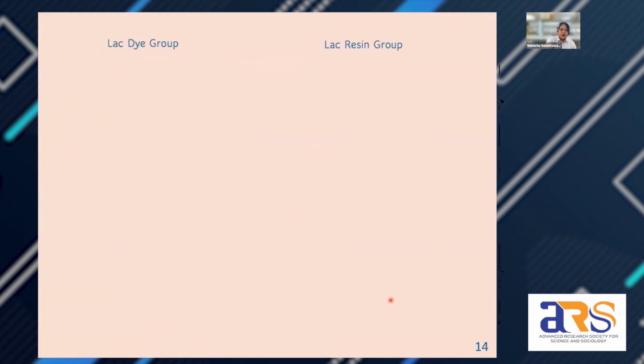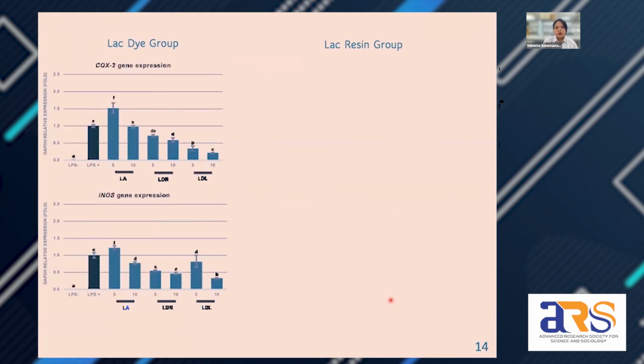From the lac dye group, we can see that all treatments except 5 micromolar of laccaic acid could potentially suppress COX-2 gene expression and also iNOS gene expression.